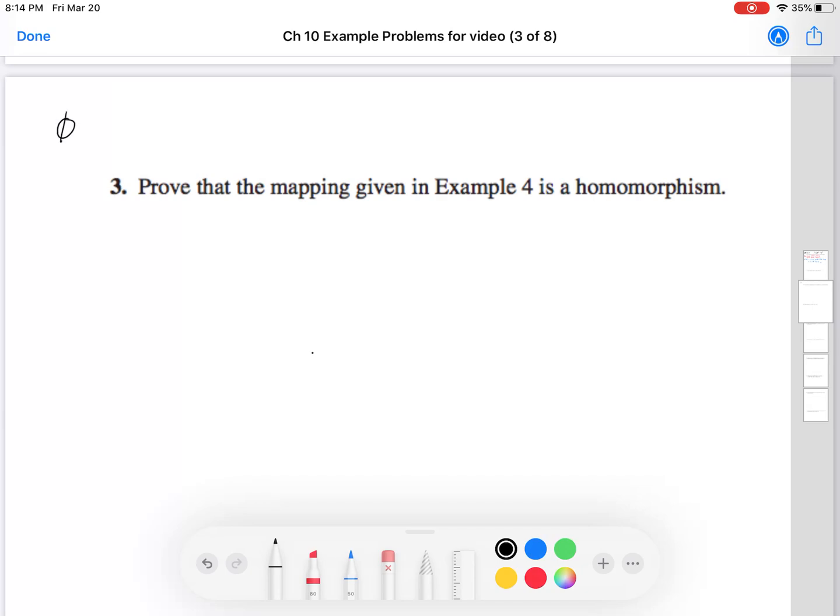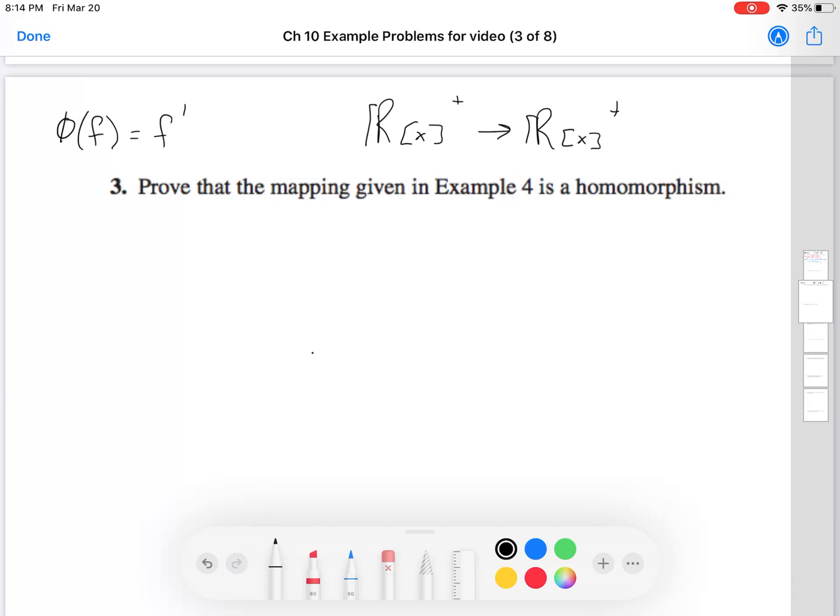Example 4 from your book gave you the mapping phi of f equals f prime, the derivative of f. And we're mapping from the polynomials with real coefficients under addition to polynomials with real coefficients under addition.